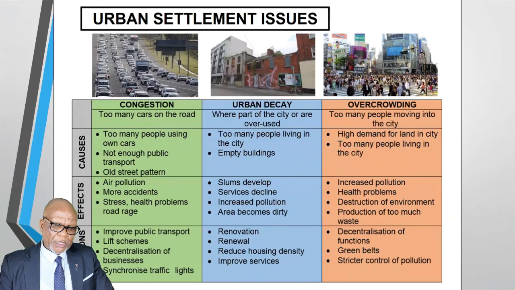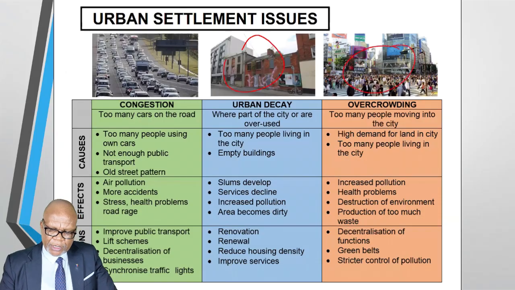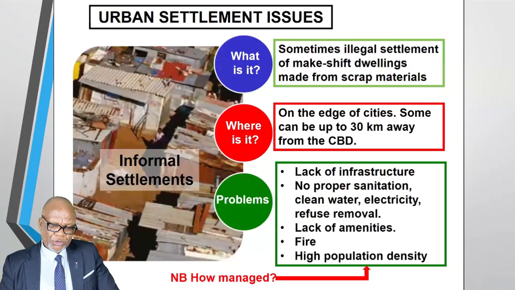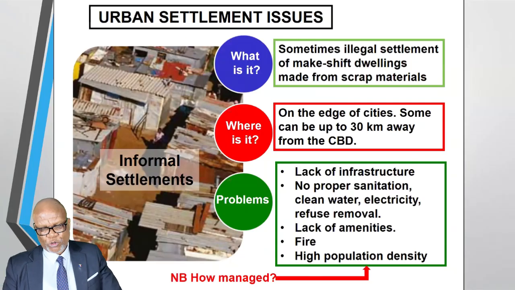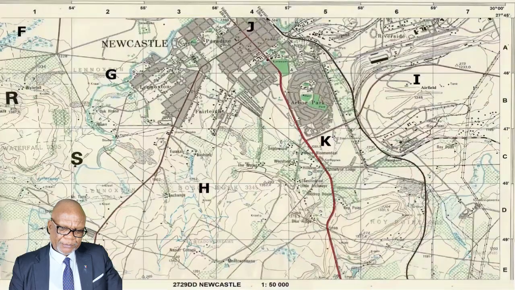So what you need to do is know the causes of those urban issues, how they affect people, and what the possible solutions are. Informal settlement can also be called a residential area and can also be called an urban issue. And what are the people experiencing in those informal settlements?